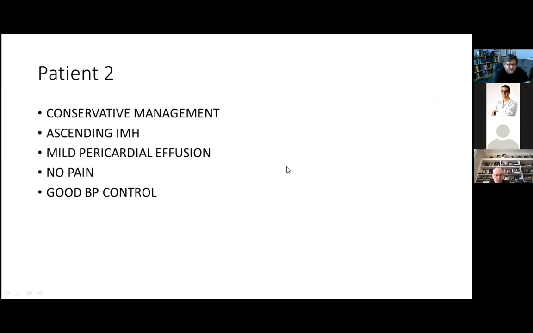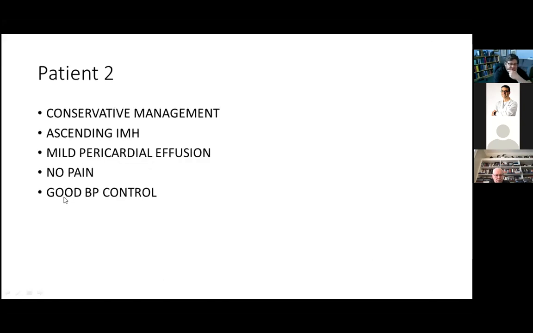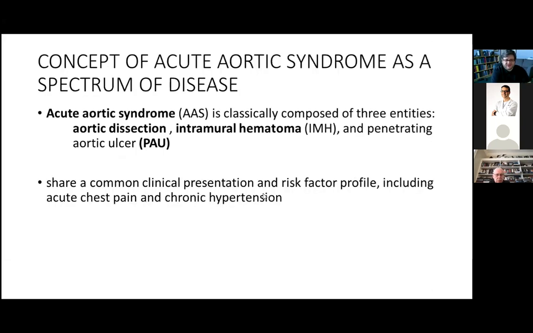Patient 2 was also initially managed conservatively with ascending IMH. This patient had a mild pericardial effusion and no further pain, and was admitted with good blood pressure control. Again, not that dissimilar. You can see the crescentic hyperattenuation in the ascending aorta, and a type B dissection.